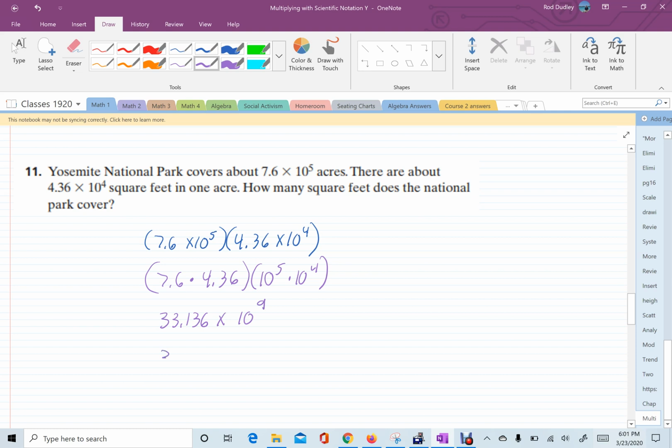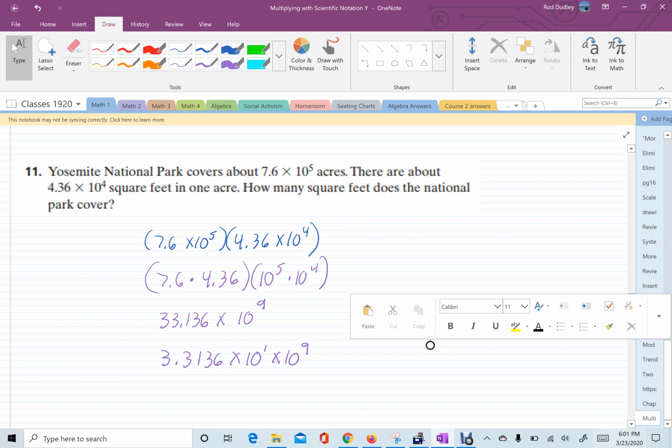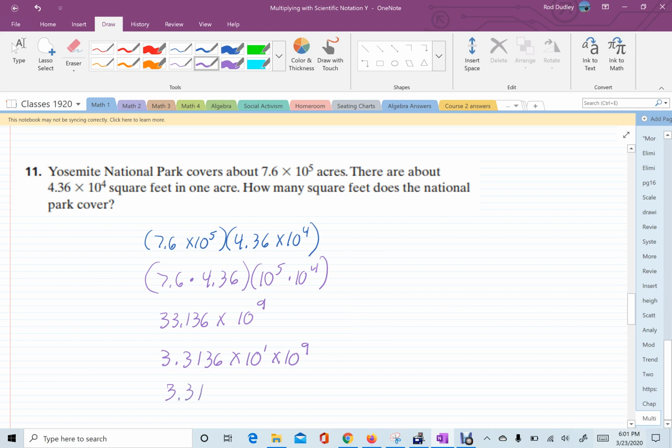So that's going to be 3.3136 times 10 to the 1st times 10 to the 9th. Hopefully you guys just picked up that you could really just add another value to the exponent. So we have 3.3136 times 10 to the 10th power. Square feet.